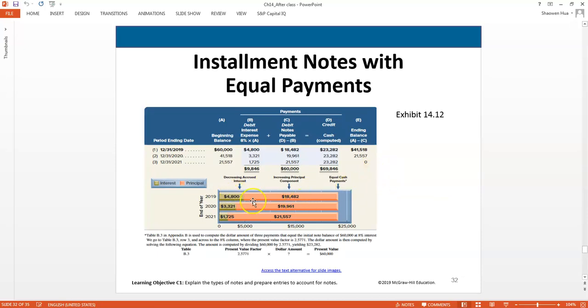So the same amount of payment every period. In the early stage of the note, most of your payment goes to interest, and the interest will gradually decrease. And then the principal payment, the payment that covers the principal component, will gradually increase.